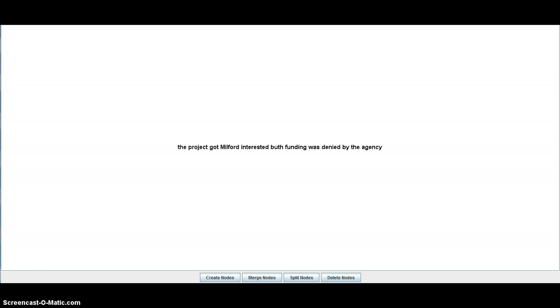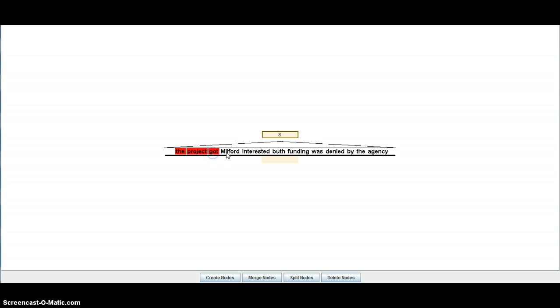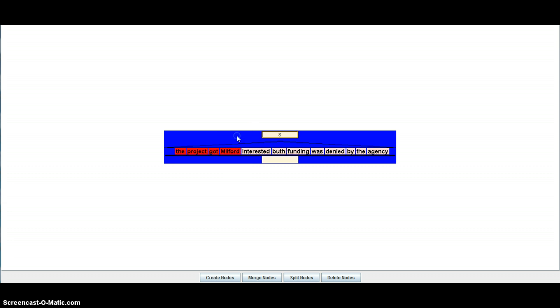This is another case where we have a sentence that contains two different sentences. So first we're going to take care of the S node, and then we're going to have a smaller S, like this, the S, and then funding was denied by the agency.